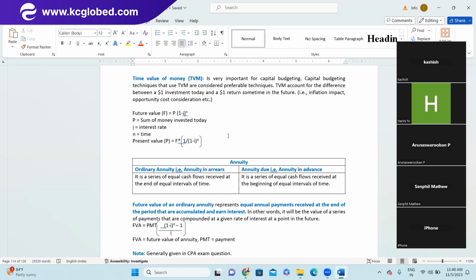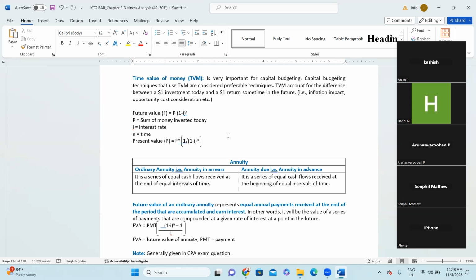And present value is P equals future value multiplied by 1 divided by (1 + i)^n. These are two formulas which we'll be using frequently in the illustrations we'll be covering. So I request all of you to please remember these formulas. This is very, very important, right?